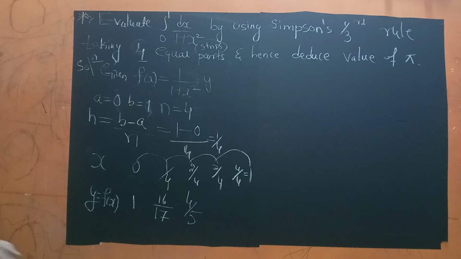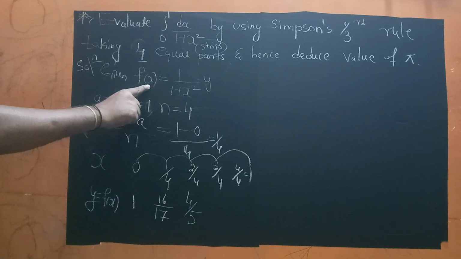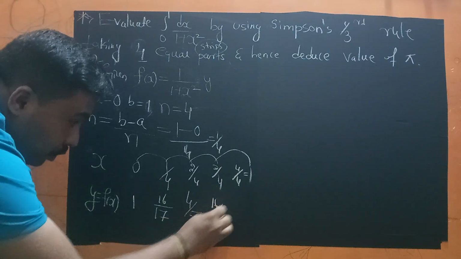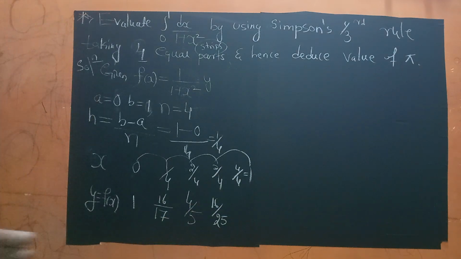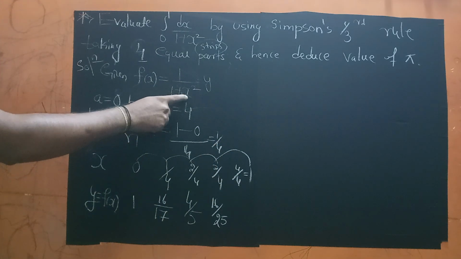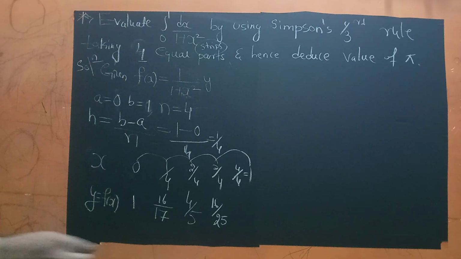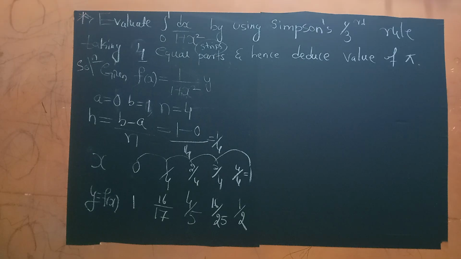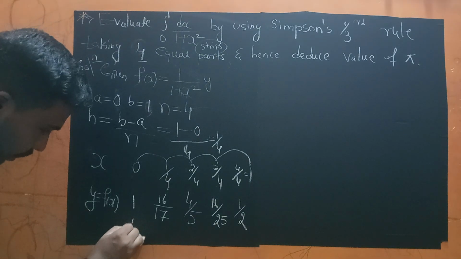If I take x equal to 3 by 4 in f of x, the answer is 16 by 25. And if I take x equal to 4 by 4, that is 1, in f of x, 1 plus 1 is 2, so 1 by 2.